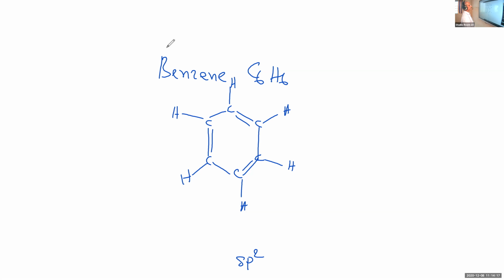And this is a conjugated system: single bond, double bond, single bond, double bond, like that. There are three double bonds here, so it is a polyene.